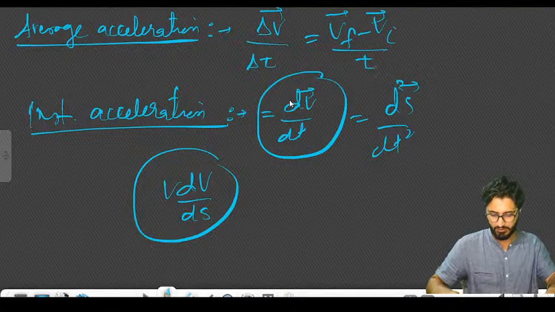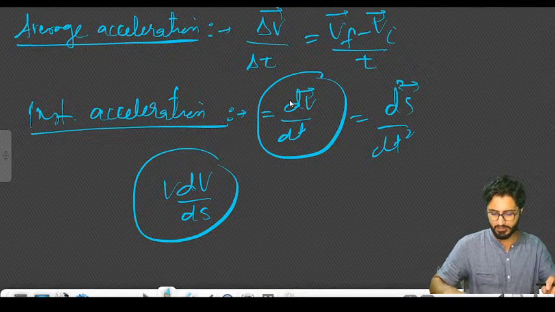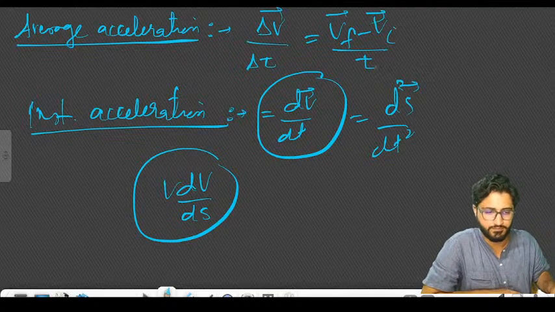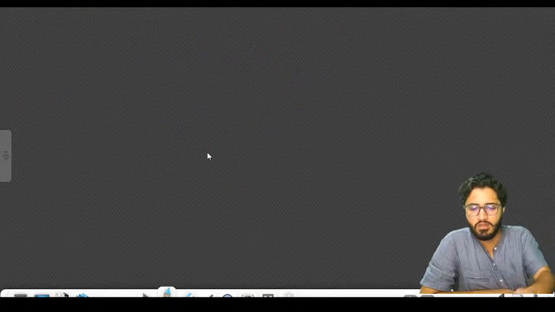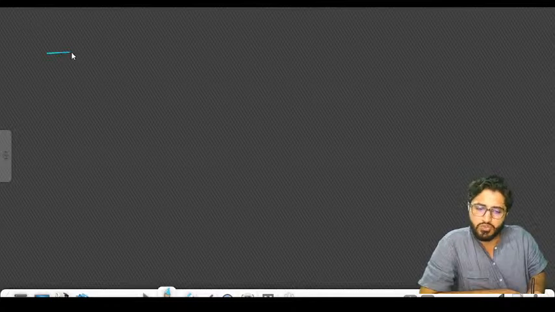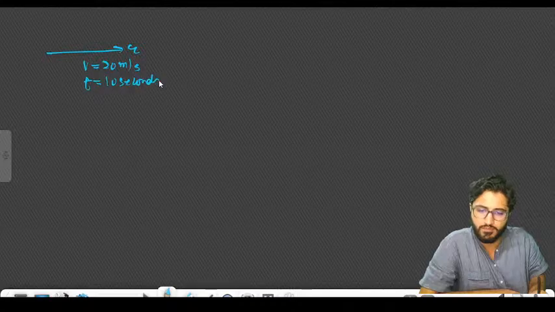Okay, let us do a numerical, then we can just end today's session. A particle goes towards east and speed is given as 20 meter per second. Timing is given as 10 seconds. Then it goes upwards.